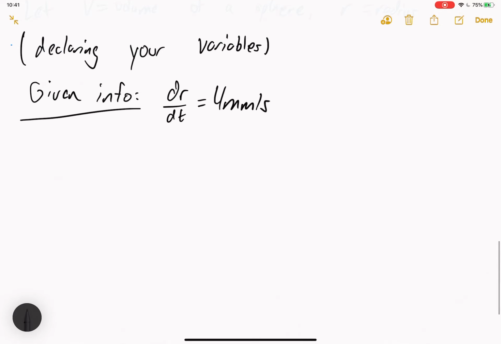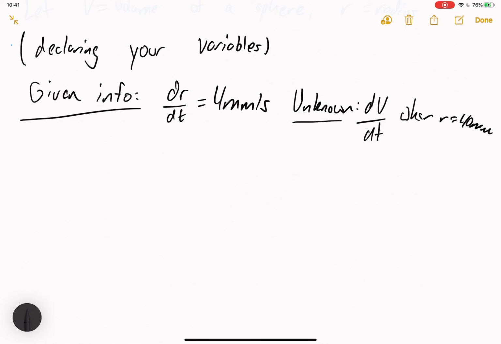And our unknown, as I already said, is what is dV/dt when r is equal to 40 millimeters.